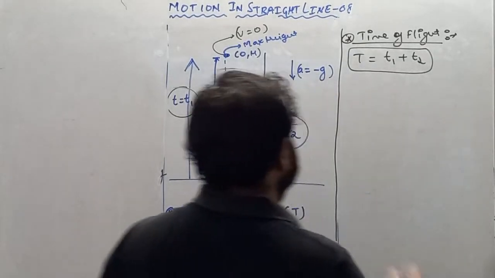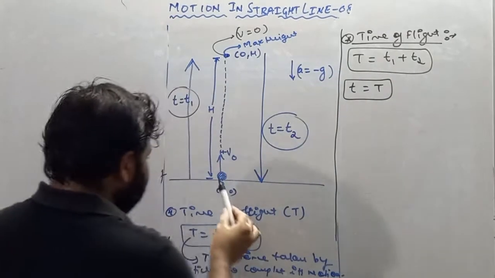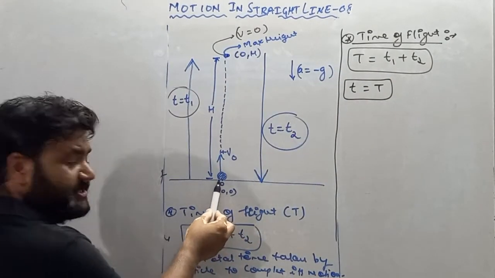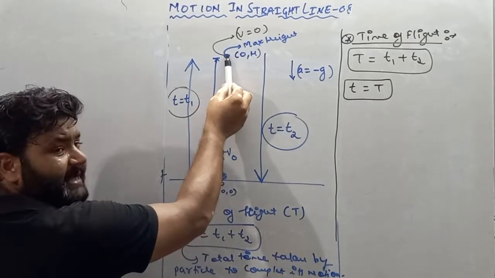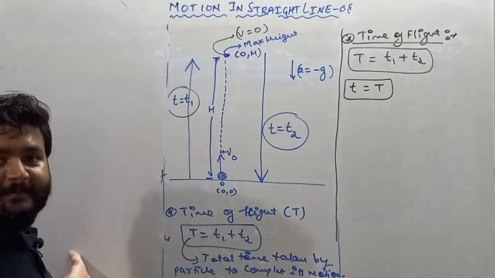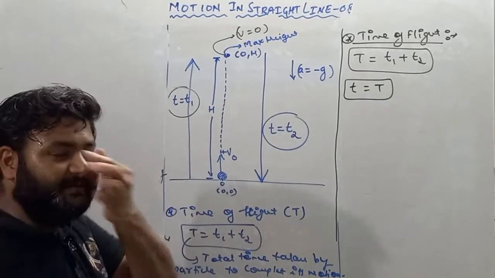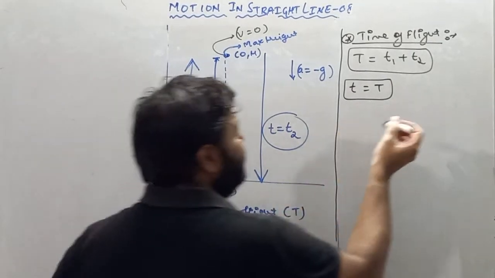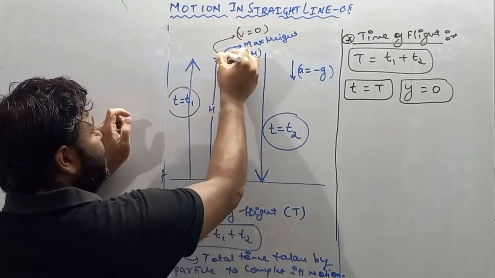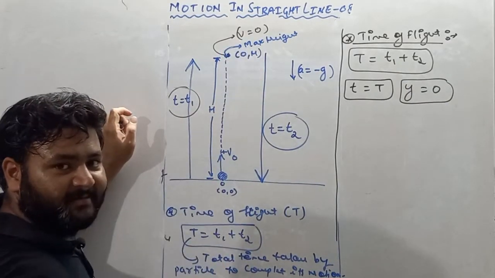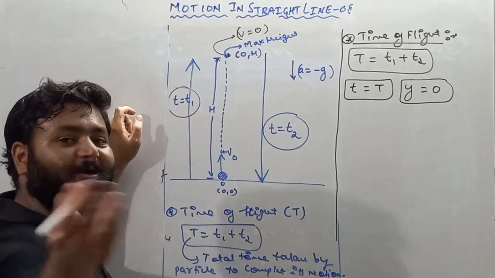So instead of t, I'll write capital T. See, if the particle starts its motion from O, because O is considered to be origin, goes to maximum height and again comes back to O, this time and this time is considered to be time of flight. So once we are talking about time of flight, the value of y is 0, because time of flight is going time plus come back time.